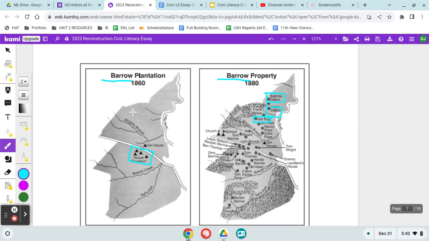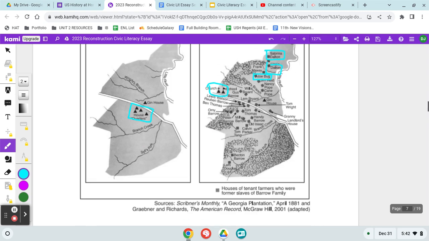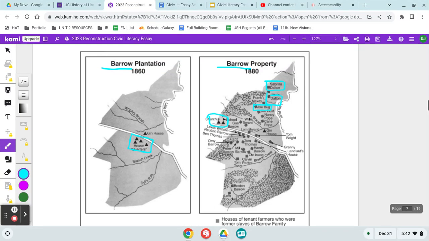Another example. I don't see any schools or churches on this property in the 1860s. So maybe if I was talking about some of the successes of Reconstruction, I would talk about the fact that churches and schools were established on former plantations in places like, for example, document 5, the Barrow plantation in Georgia, right?